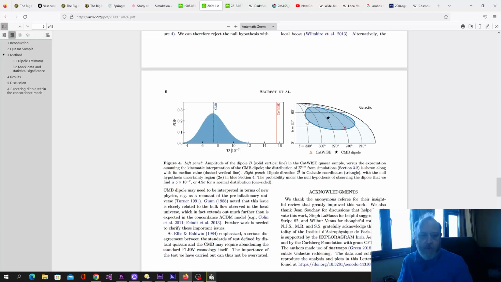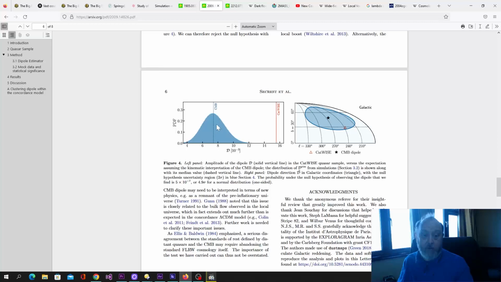So in the next part, we'll actually start looking at these very specific papers. But the fact of the matter is that this graph here is showing a relativistic, kinematic interpretation of the CMB dipole. So that's that Doppler shift effect I was talking about.